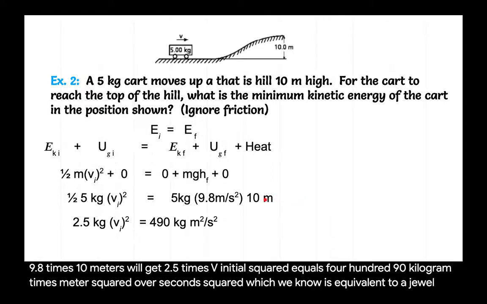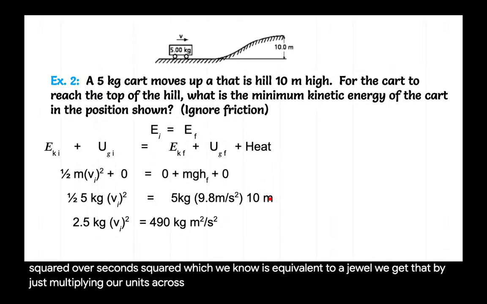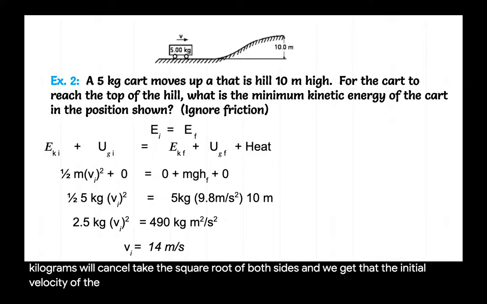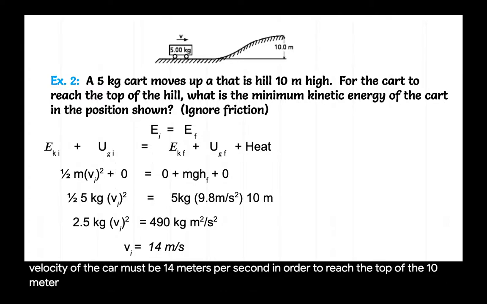We get that by just multiplying our units across. Divide both sides by 2.5 kilograms. The kilograms will cancel. Take the square root of both sides, and we get that the initial velocity of the cart must be 14 meters per second in order to reach the top of the 10-meter hill.